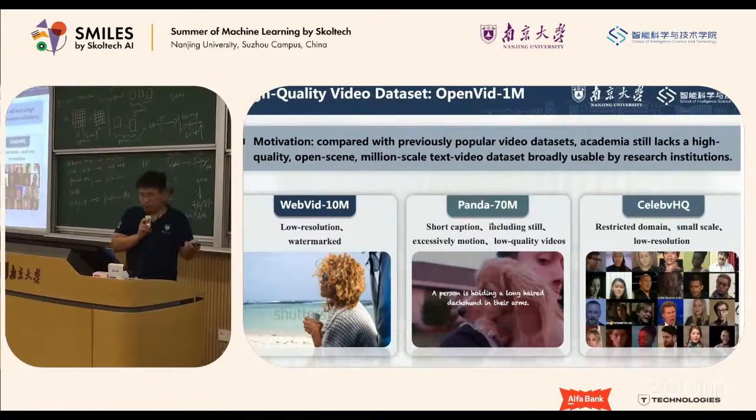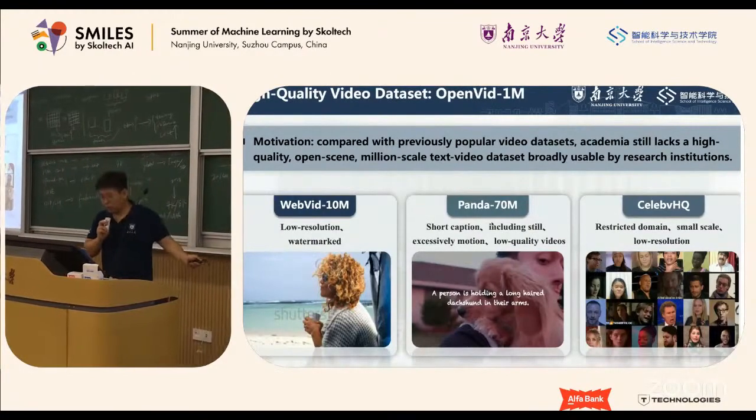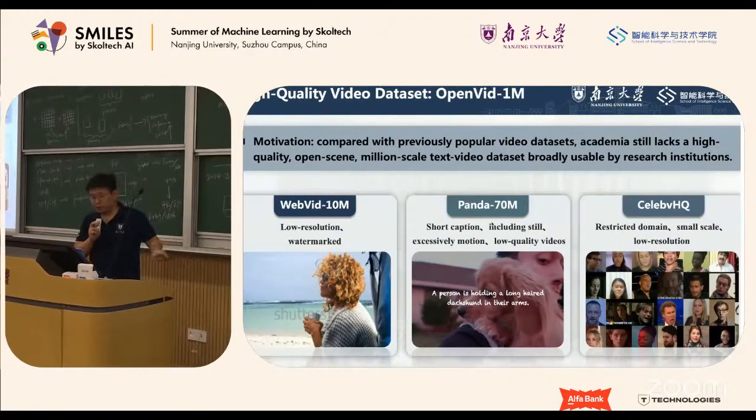For example, WebVid contains low-resolution videos and watermarks. And Panda-70M, which actually is very large, includes short captions, static clips, and abnormal motion.